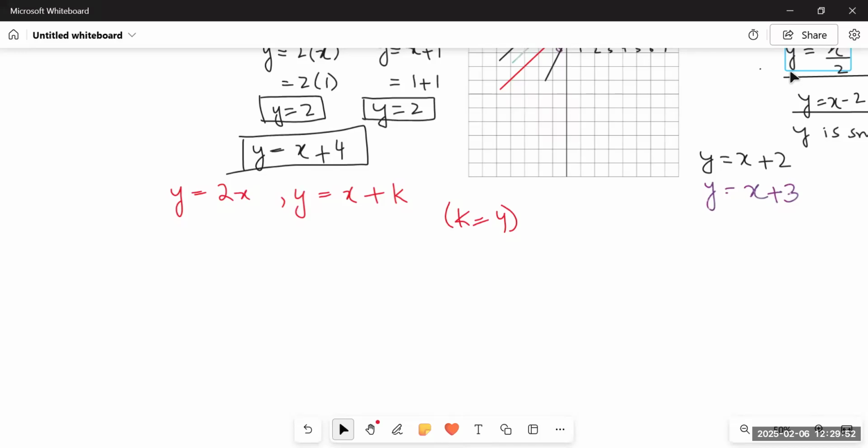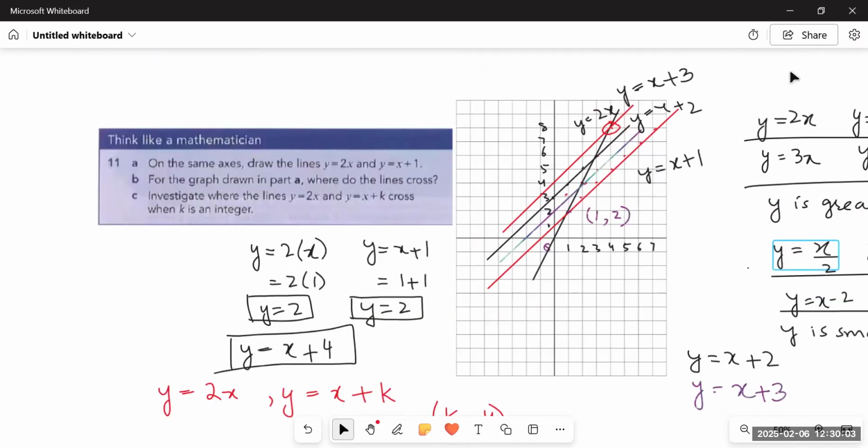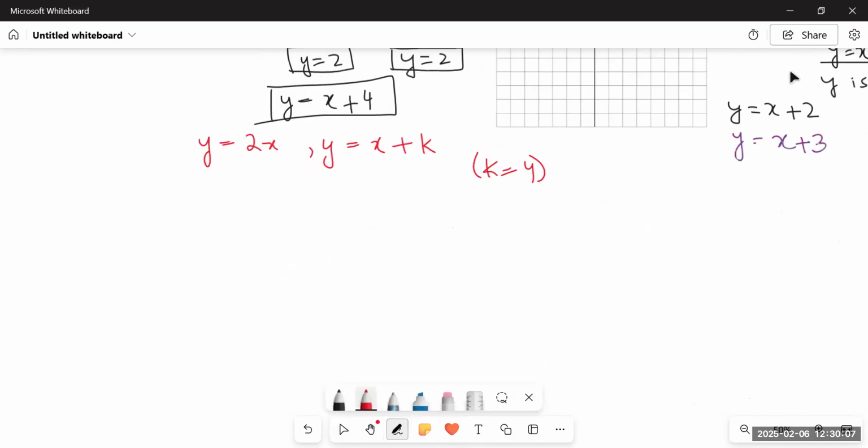Now we can compare the two equations. If y = 2x and y = x + k, and we are saying k is equal to 4, then at which point are they coinciding with each other? It's 4 and 8. So if, let's say, y = 2 into 4, and then x + 4, and let's take y = x.